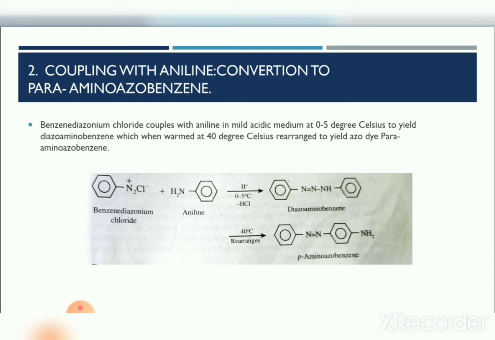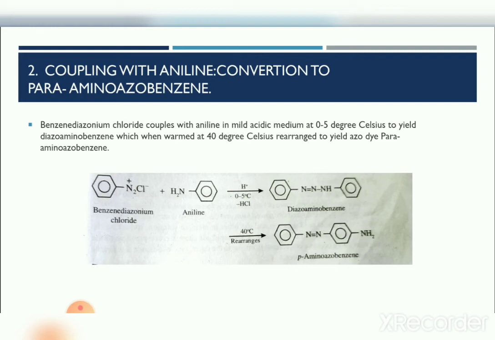In acidic pH, at 0 to 5 degrees Celsius, it forms diazoaminobenzene. Later, when the temperature rises to 40 degrees Celsius, this diazoaminobenzene rearranges to form para-aminoazobenzene.